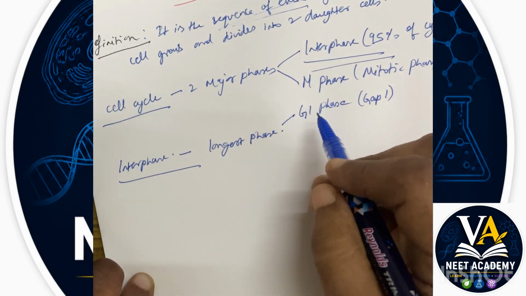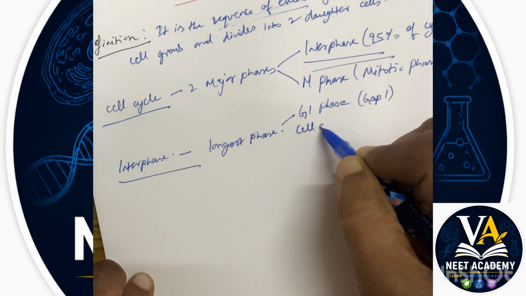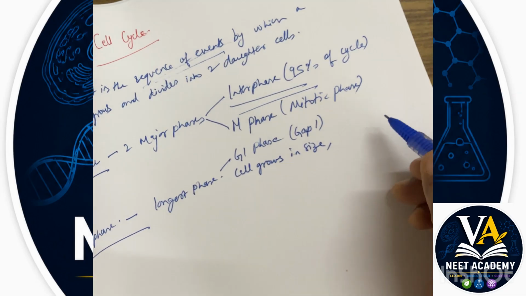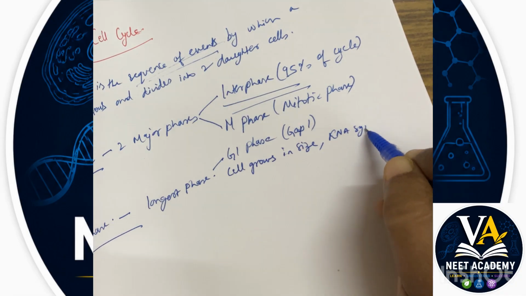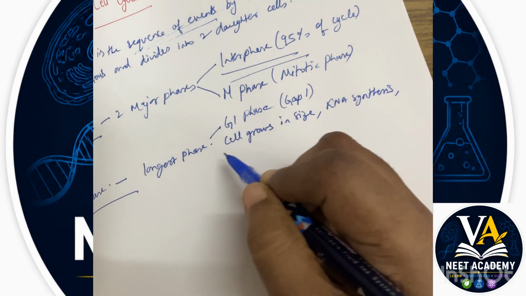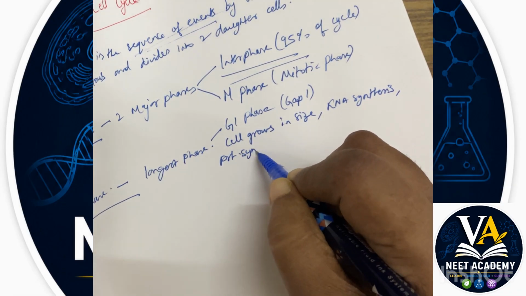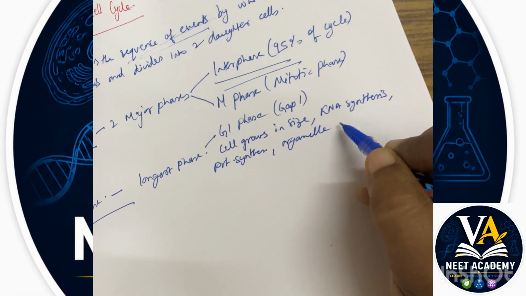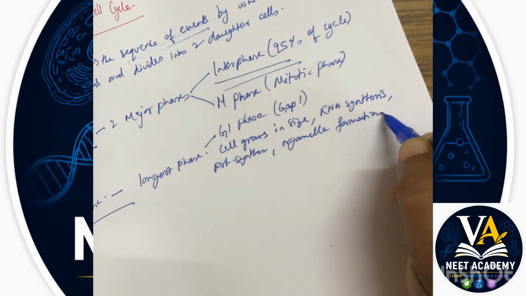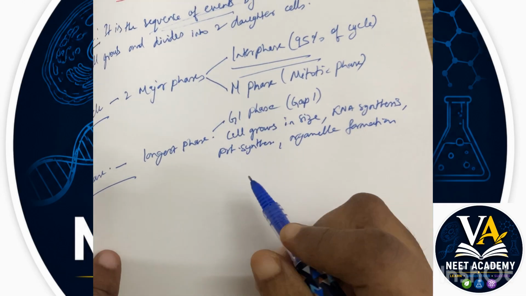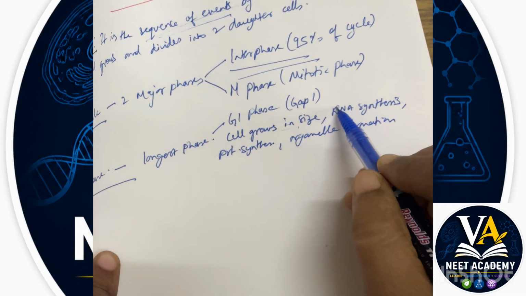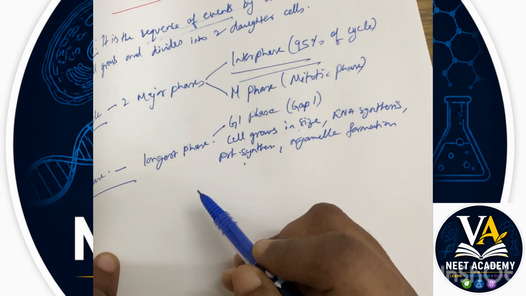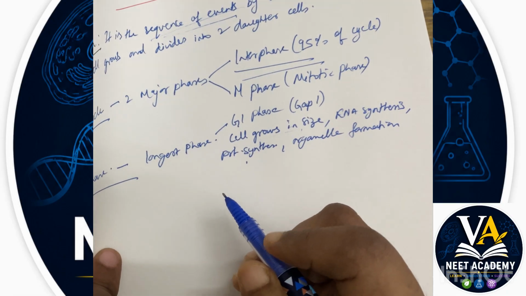In G1 phase the cell grows in size, RNA synthesis happens, protein synthesis happens, and organelle formation happens. This is all required for the cell cycle, for the cell to divide and grow into two.